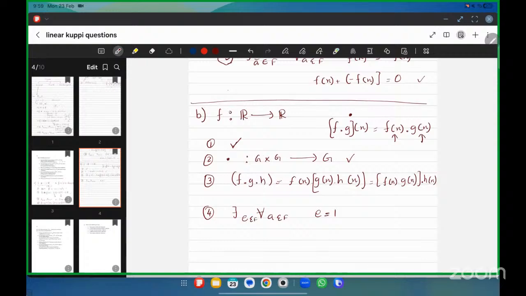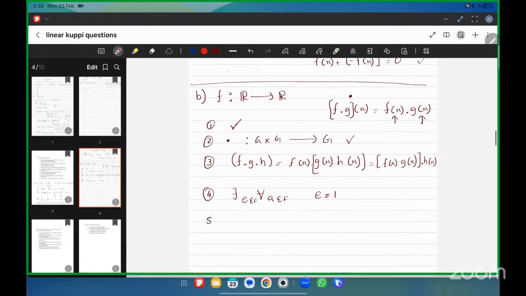So the identity element should be in the same set. For the fifth condition, anyway, this B is not a group because the problem comes from the fifth condition. The fifth condition is there exists an inverse a bar in F for all a in F.